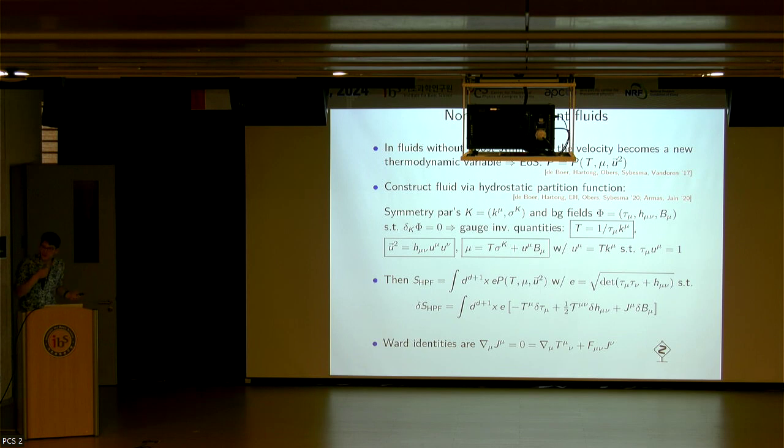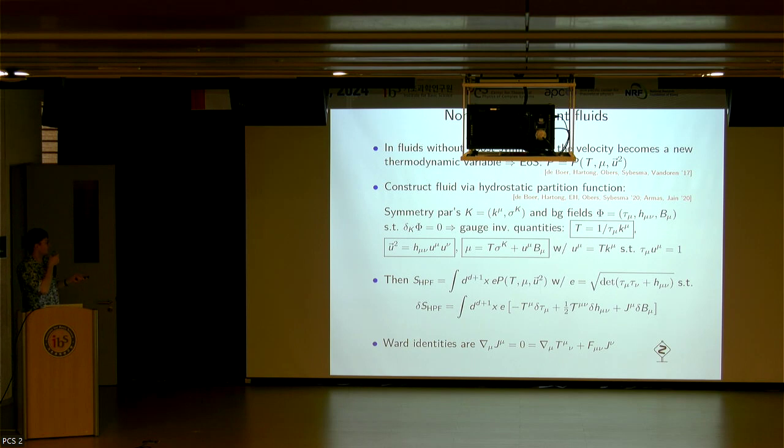The way I like to construct fluids is via this hydrostatic partition function approach, which involves coupling to a series of background fields, in this case an Aristotelian structure and a U(1) gauge field, along with symmetry parameters consisting of a Killing vector and what you might call a Killing gauge U(1) gauge symmetry, such that this set of symmetry parameters preserve the background fields.